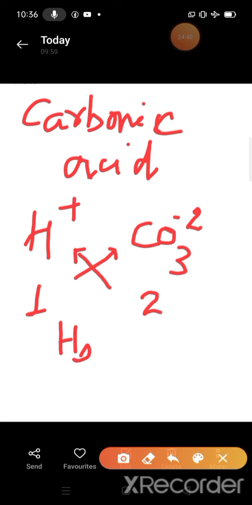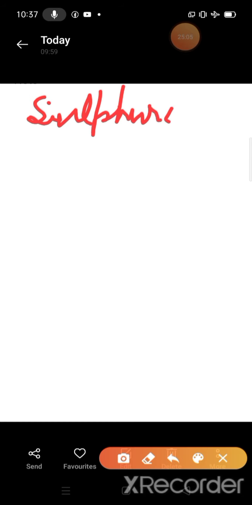Next one, sulfurous acid. Acid is H positive. And what is sulfurous?